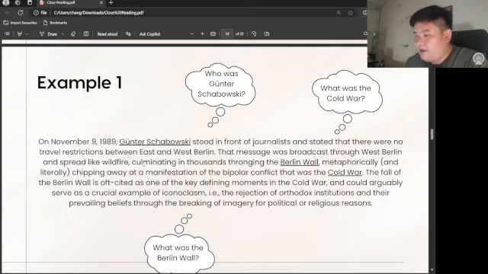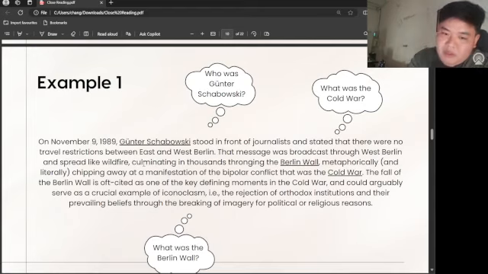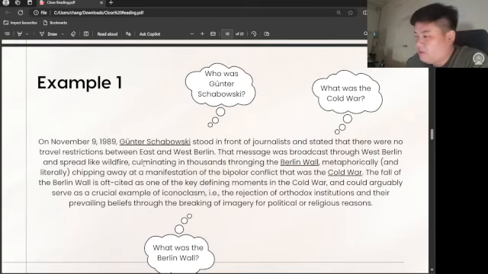And the people in East Berlin wanted to cross the Berlin Wall into the West, because between East and West Berlin, there was this huge wall that separated East and West Germany. So yeah, that's the short of what happened here.